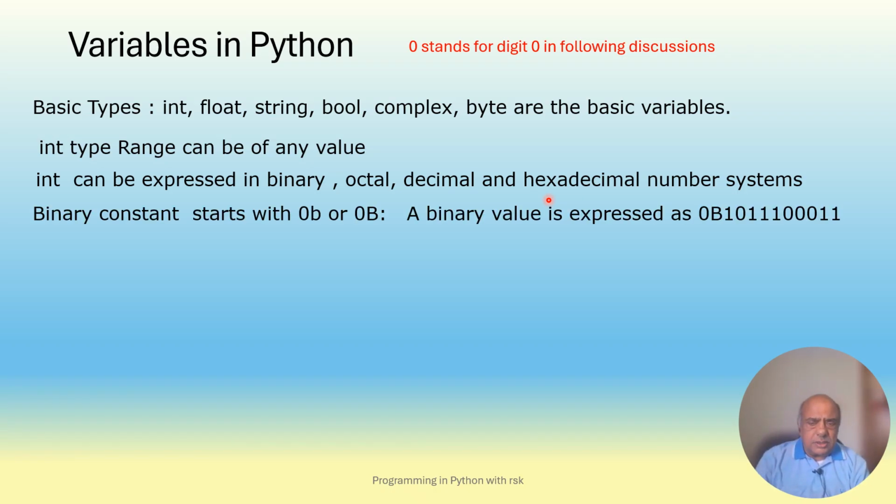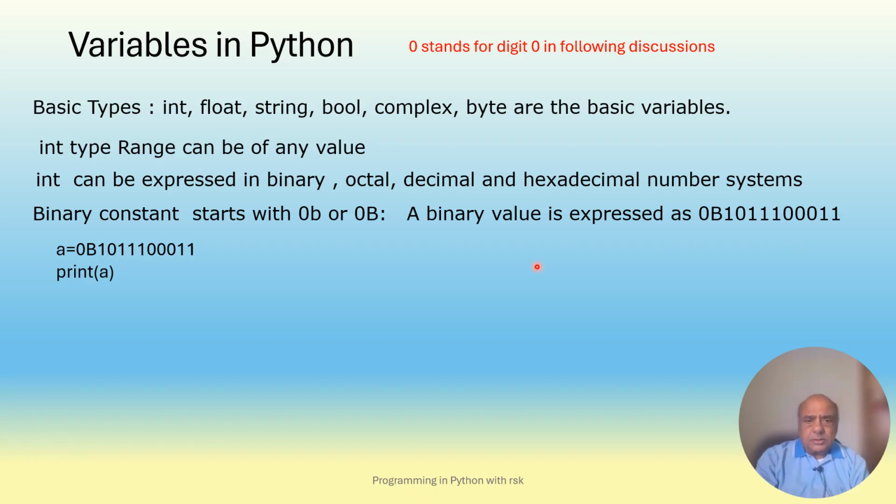How we mention whether a constant is binary, decimal or octal, that we will see. A binary constant starts with 0b or 0B. A binary value is expressed as 0b1011 and so on.